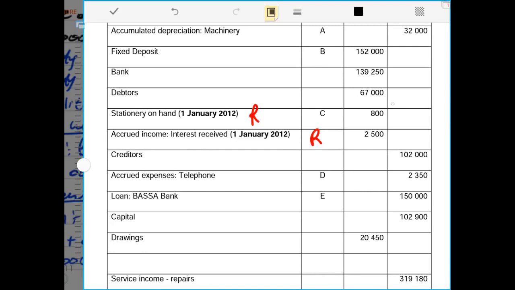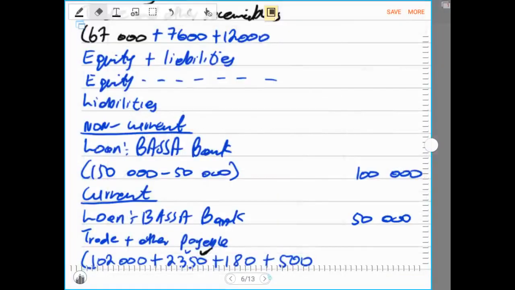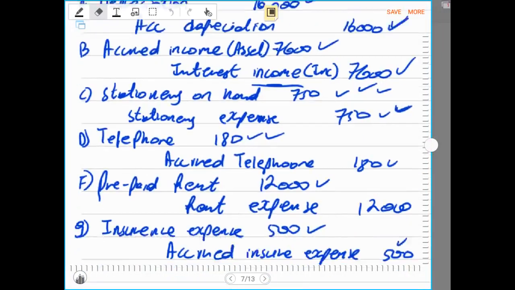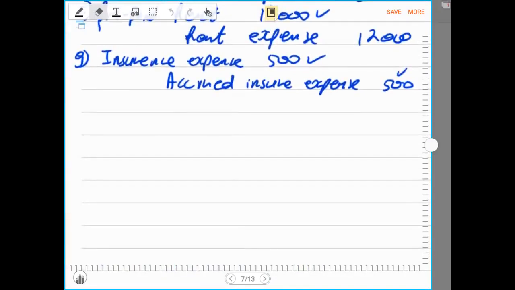So now before we do a reversal, we first have to record this, because this is the stationery that will have to be transferred to the stationery expense, and I think we did an entry for that, or we did not do any entry for that. Let us do an entry for that stationery. So now we are doing the reversal entries.